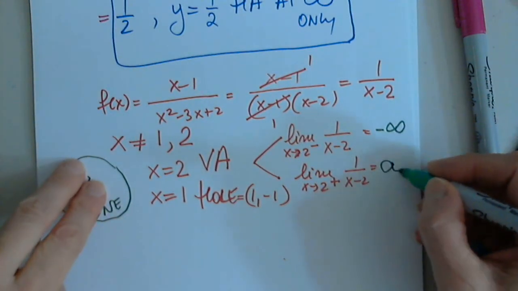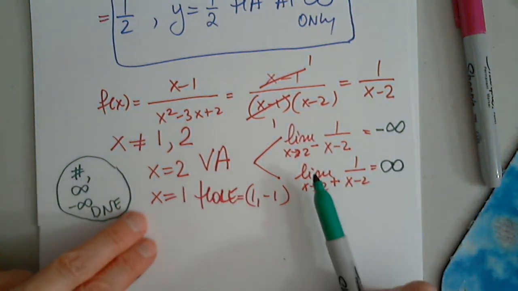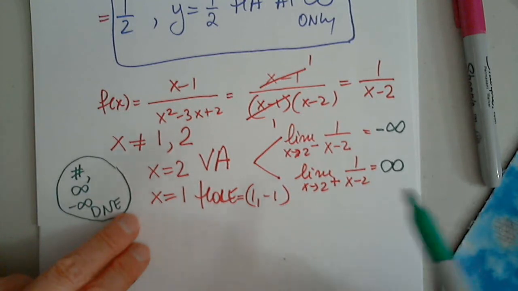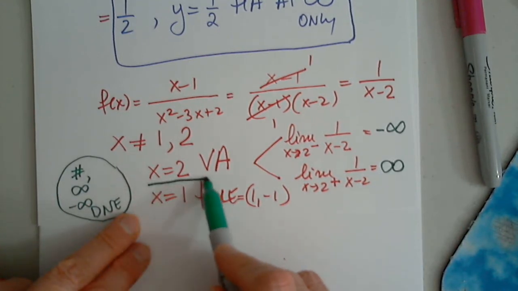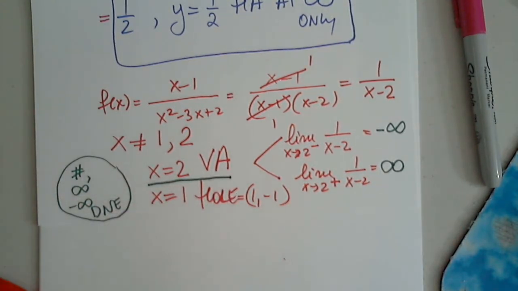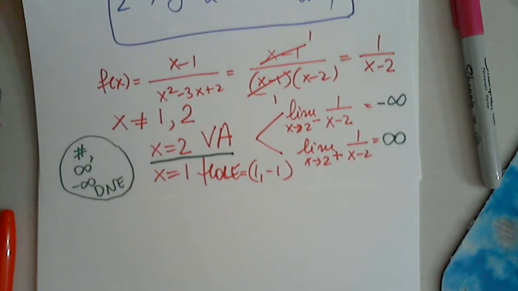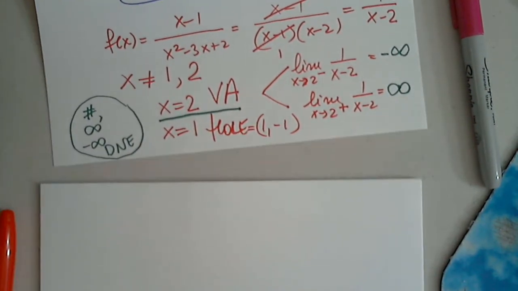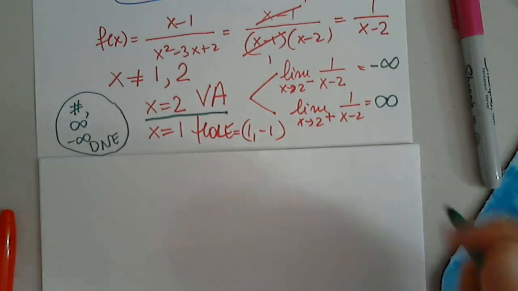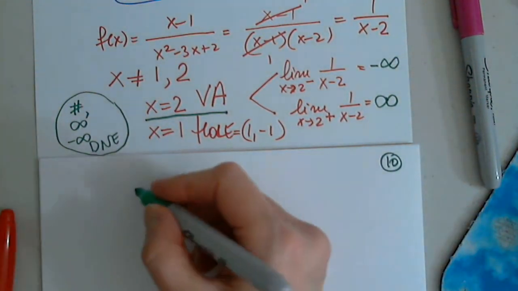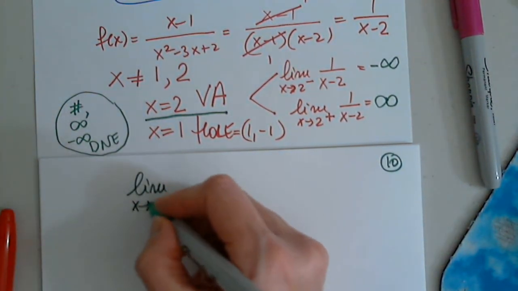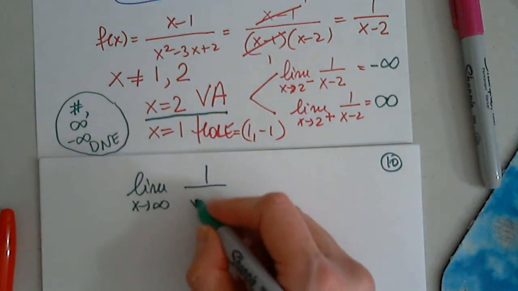Infinity. Very good. The limit from either side will be a DNE, but this is not what I'm looking for. I need to determine the limits left and right. And for the horizontal asymptote, I have to determine the limit as x approaches infinity of 1 over x minus 2.